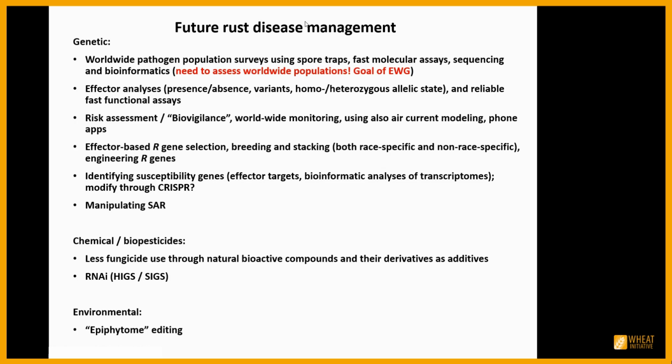This would need a lot of effort from a lot of pathologists around the world, but I think this can probably be done. There is already quite a lot of information available. It needs to be put together.